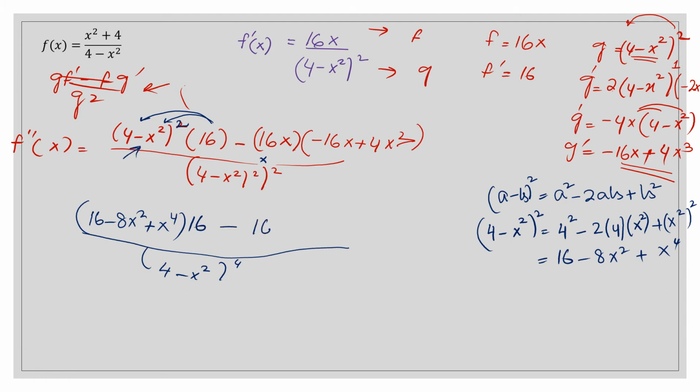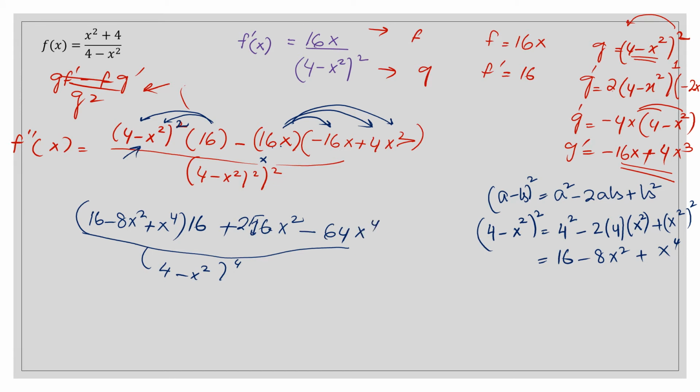Now multiply this by each and every term of the bracket. So 16x times 16x, you will get 256x square, and negative gives you positive 256x square. Now, negative 16x times 4x cube gives you negative 64x to the power of 4.